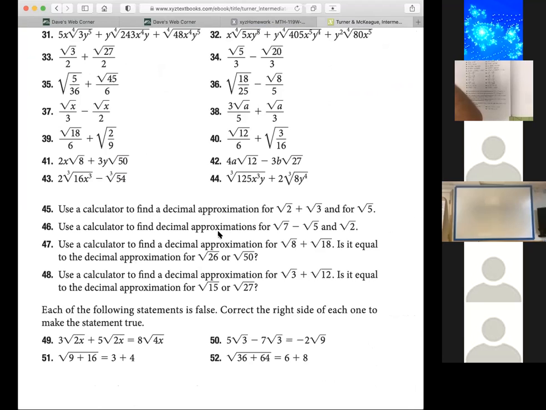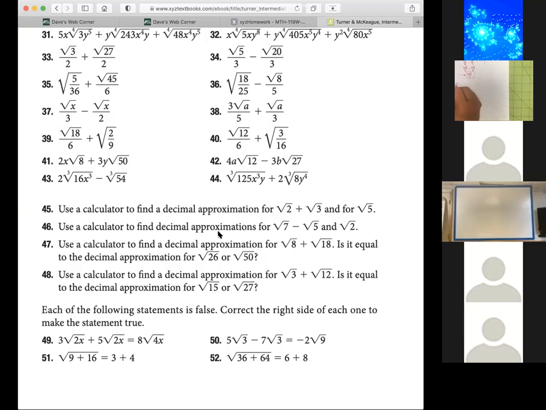He wants to break you of the habit of saying, even accidentally, that root 2 plus root 3 is root 5. I mean, I can see why people want to say that. What about root 7 minus root 5? Isn't that just root 2? No, he wants to break you of that habit.